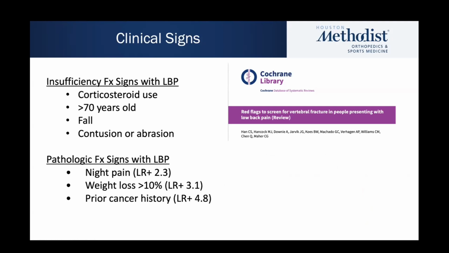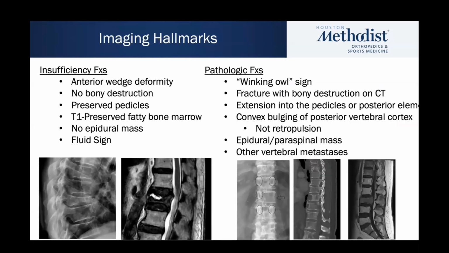Whereas for pathological fractures, the signs with low back pain include night pain, which had a likelihood ratio of 2.3, weight loss greater than 10%, which was 3.1, and a prior history of cancer, which had the most significant correlation to a pathologic fracture.